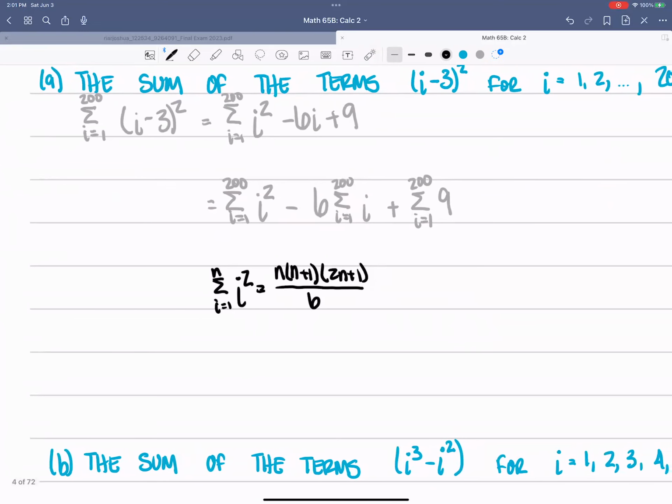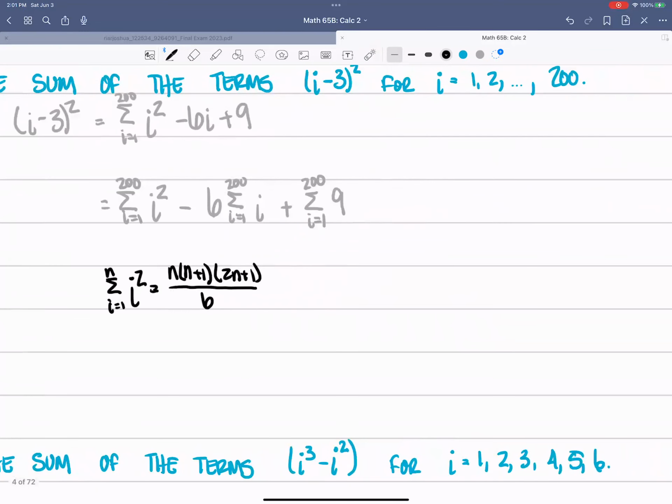This next one, when we have just i by itself, we have the sum as i goes from 1 to n of i equaling n times (n plus 1) over 2.